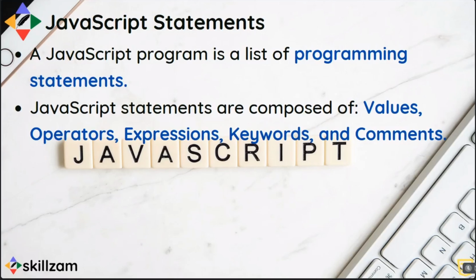In the same way, JavaScript statements also contain certain compositions. What are those? They contain values, operators, expressions, keywords, comments, and so on. In order to understand a simple JavaScript statement, we need to understand what these individual compositions are made of.